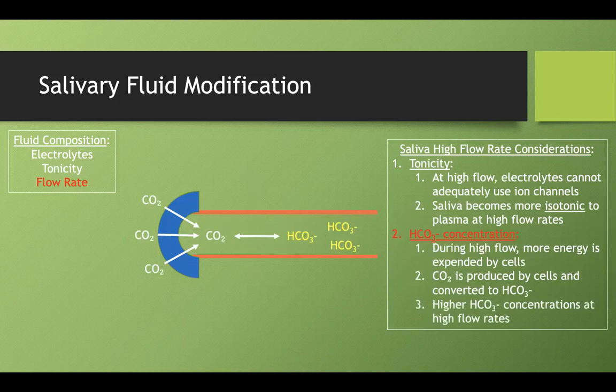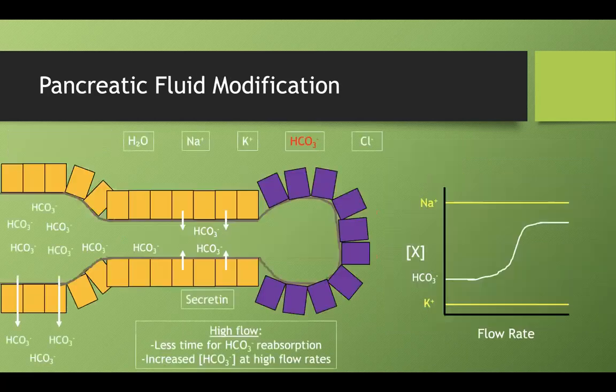I always remember this bicarb as high carb, where at high flow rates, whether it's the salivary gland ducts or the pancreatic ducts, which I'll talk about later, you'll always have high bicarb levels, okay? And actually, this is from our pancreas lecture. I'm not going to go too into detail about this.